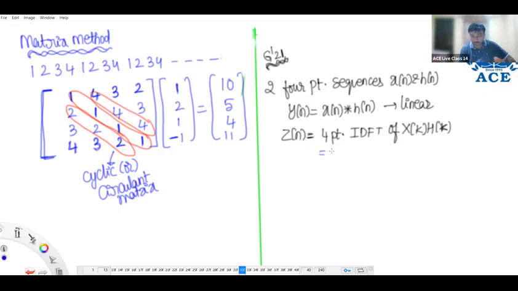That is given, so indirectly which convolution is it? Circular convolution. The product of the spectrums means the convolution here is circular.